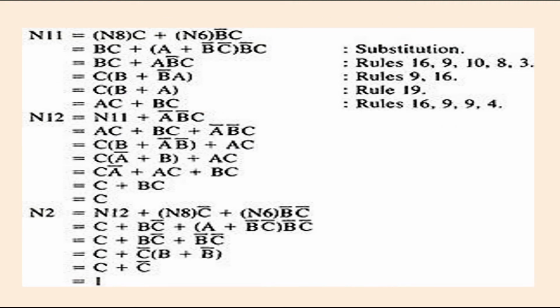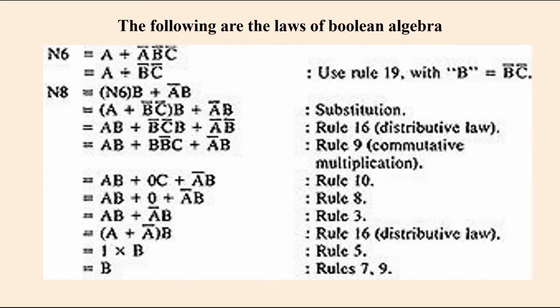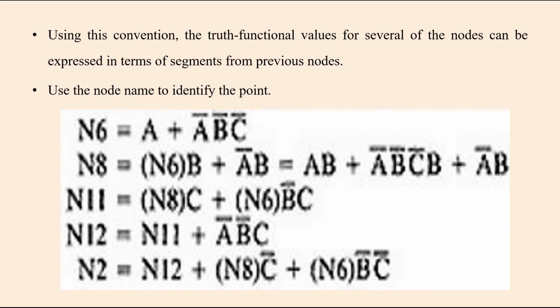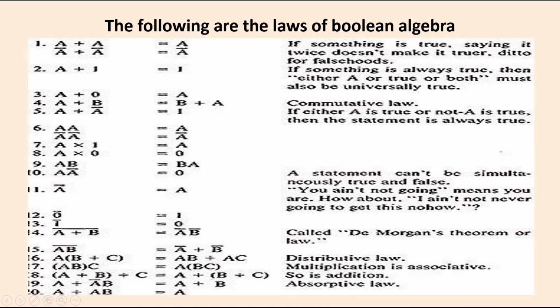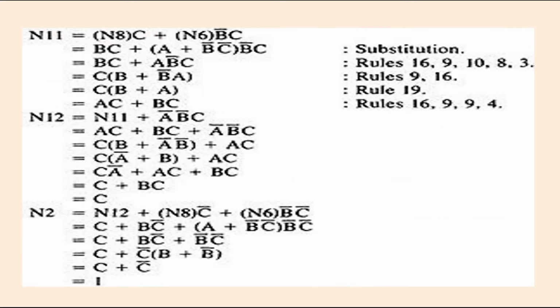So the next one is N11. So what is the N11? According to what we have seen in the previous one, N11 is equal to N8 into C plus N6 into B bar into C. Okay, so how can we represent this N11?